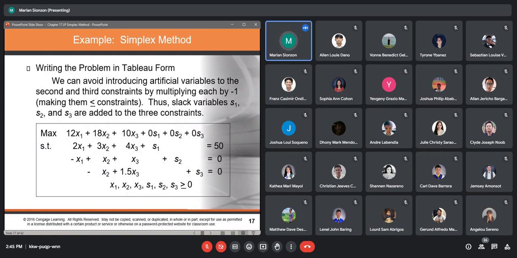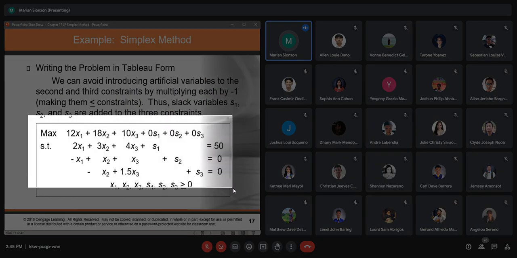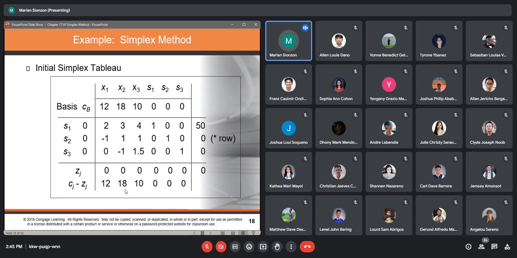Okay. I want you to copy this. Pareho kog copy para makabutang mo og notation. Can you copy this first? I'll give you 2 minutes to copy the table so you will put the names.